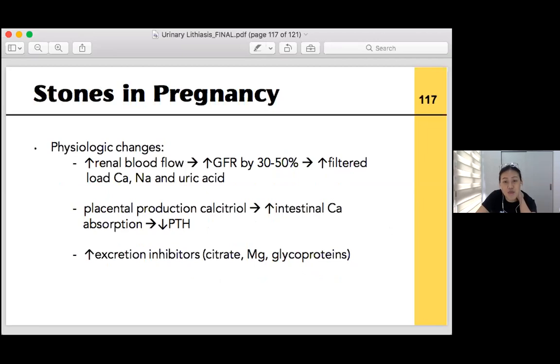So the physiological changes that occur in pregnancy: first, renal blood flow would increase, which increases the glomerular filtration rate by 30 to 50%, which increases the filtered load of calcium, sodium, and uric acid. Aside from this, placental production of calcitriol increases intestinal calcium absorption and suppresses the PTH. And lastly, there is increased excretion of inhibitors like citrate, magnesium, and glycoproteins.